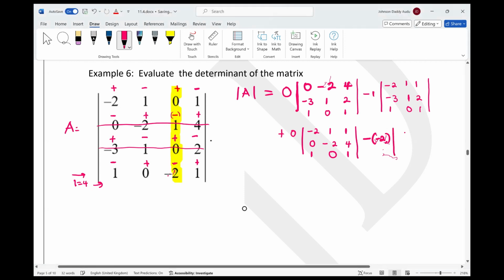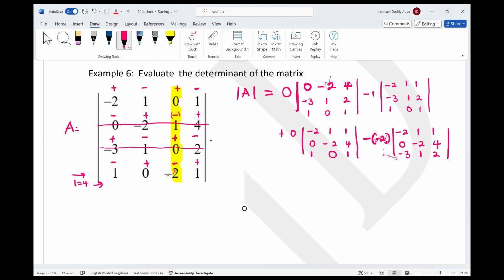Now we multiply by -2, so we're dealing with this element now. We have to close the fourth row. And this will give us -2, 1, 1, 0, -2, 4, and then -3, 1, and 2.